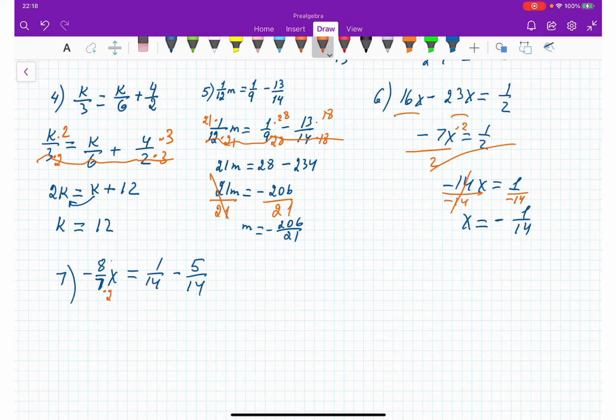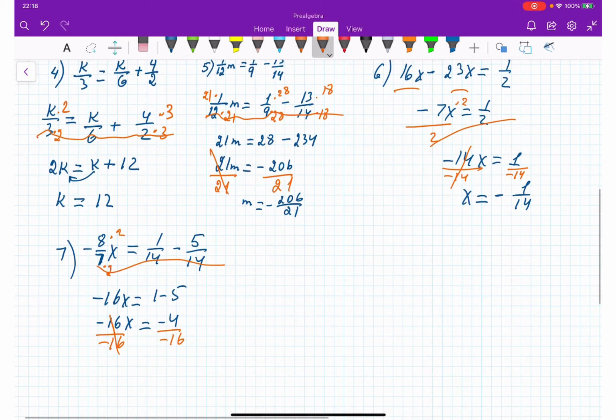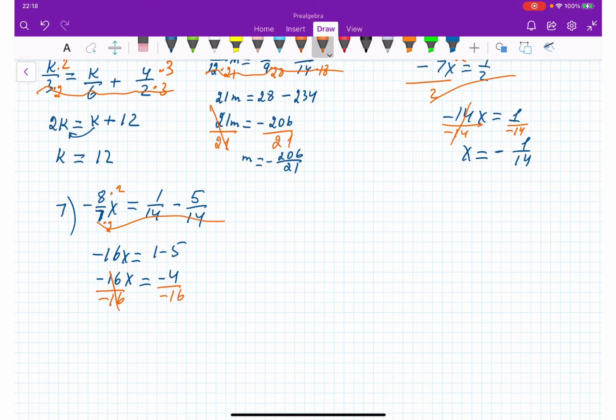Multiply by 2, and we can drop this. Result is negative 16x is equal to 1 minus 5. Negative 16x is equal to negative 4. And when we divide by negative 16 here, negative 16 here, this is gone. This one we can reduce, divide by 4. This will be 1, this will be 4, right? And x is equal to positive 1 over 4, because negative and negative is positive.